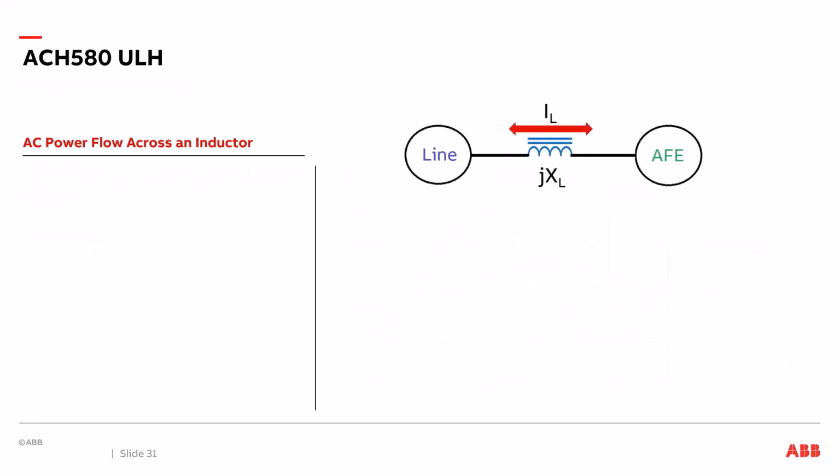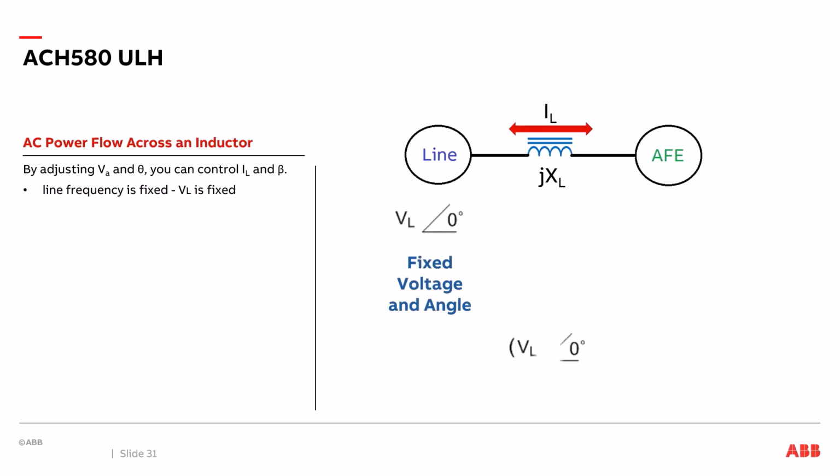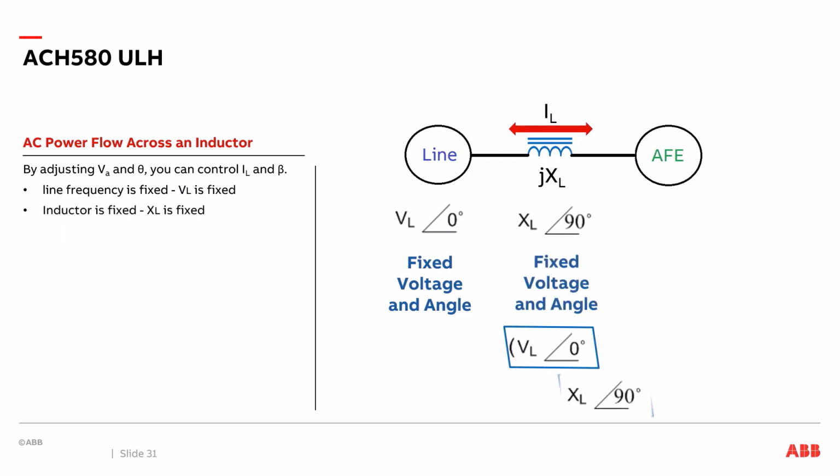So for AC power across an inductor, by adjusting the voltage and the phase angle, you can control the current and the phase angle, beta. We have a fixed voltage and a fixed phase angle. That is the line. The inductor is fixed. The inductor creates a 90-degree phase angle between voltage and current, and that's between the AFE and the line.